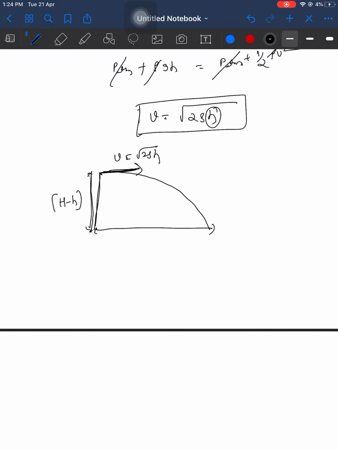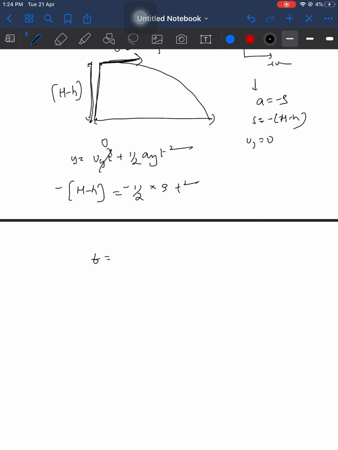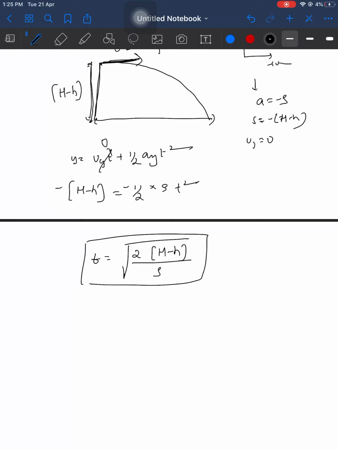When we consider this, it's like a projectile from the height H, the height of the tower. I considered upward as positive, right side as positive, downward as negative. a is equal to minus g, s is equal to downwards minus of H minus h, and uy is equal to 0. y is equal to uy t plus half ay t squared. So minus of H minus h is equal to minus half g t squared, and time t is equal to square root of 2 into (H minus h) by g.